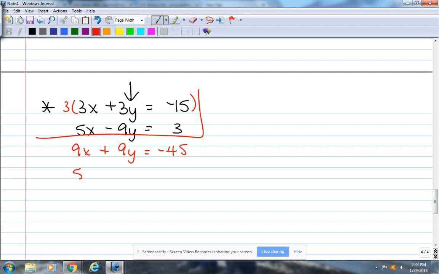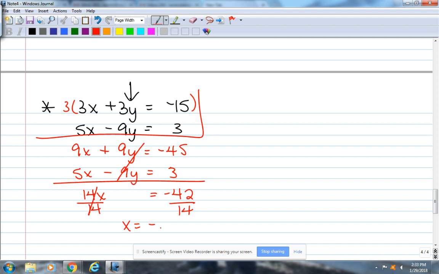And I would have kept my bottom row the same. Now my y's cancel, which, in all of our previous examples, we canceled the x's, but you do it the same way. 9x plus 5x is 14x equals negative 42. Divide by 14. x equals negative 3, right?